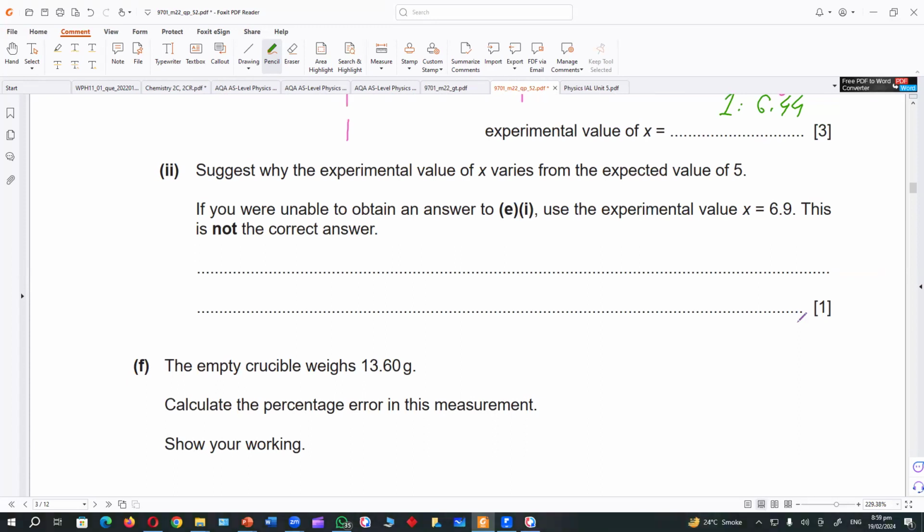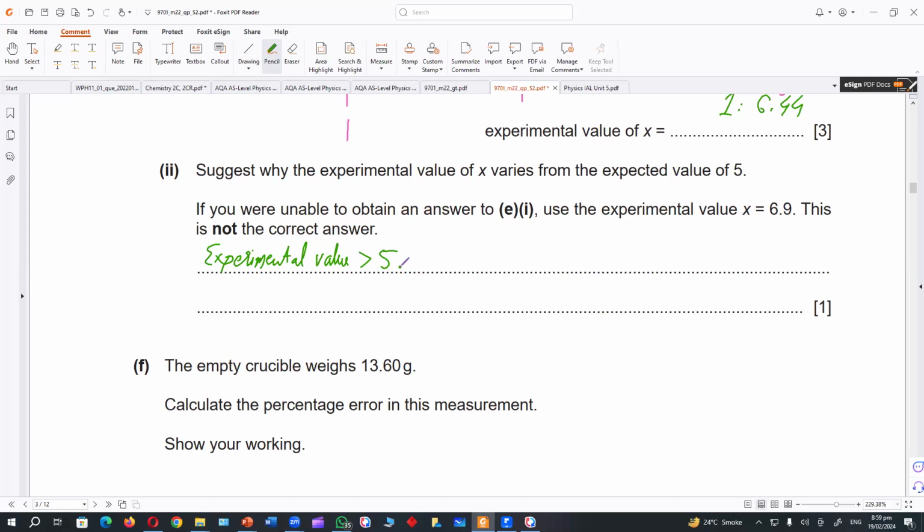I read part 2 and I was sure we are going right, because he's also telling that the answer won't be coming correct. Experimental value is more than 5.